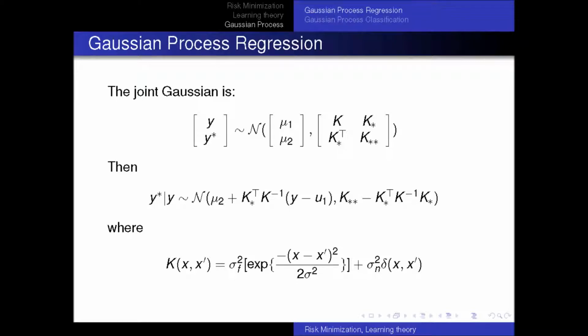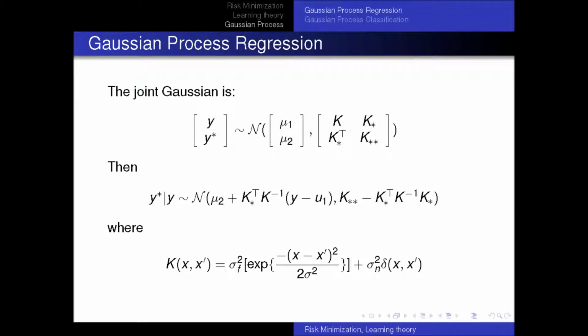And this k is just the covariance matrix of y itself. So when you have all the data points, you already have the kernel matrix, this k. And this k star is computed between all the data points y and the new data point y star. This is just k star transpose. And k star star is just the covariance matrix of this new point itself.